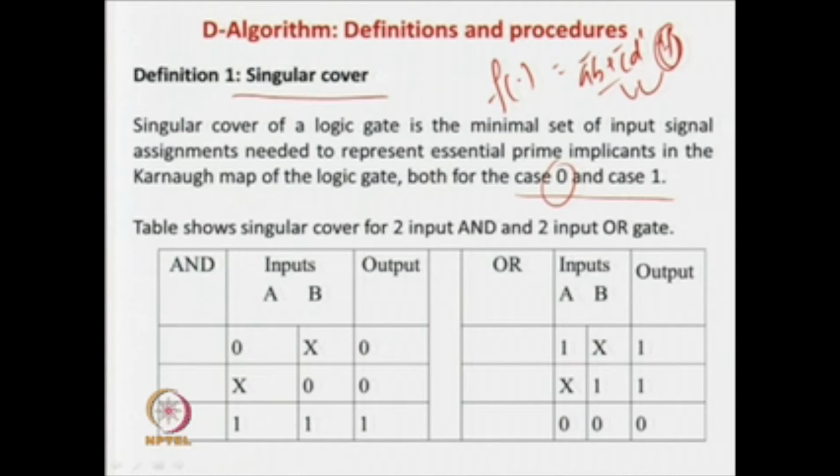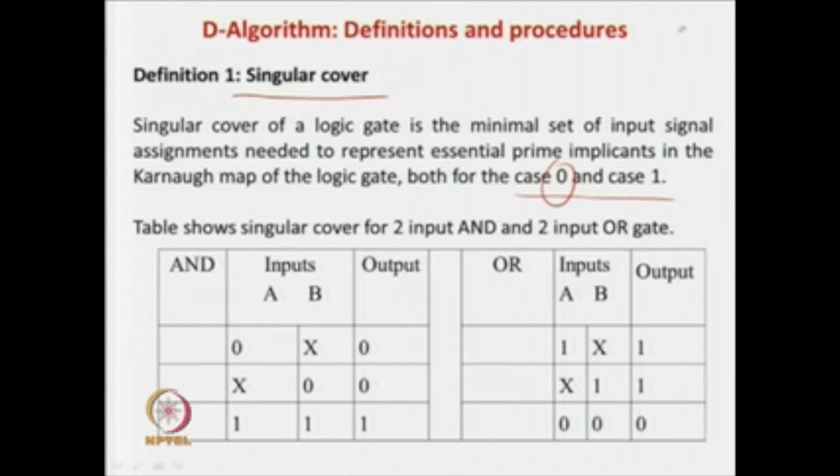This is a very informal way of stating it, but we have discussed this in detail in the design module. In other words, this implicant is mandatory to be present in the function representation, because it has a prime min term which is in none of the others. Then it is sometimes called the essential prime implicant.